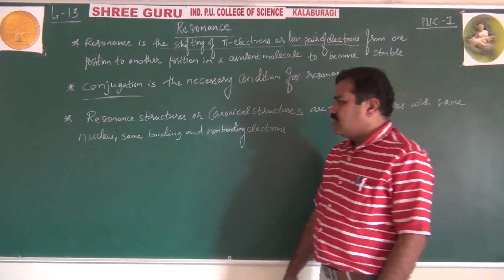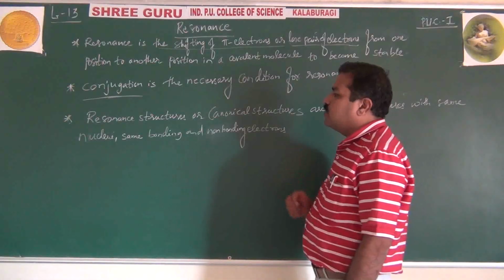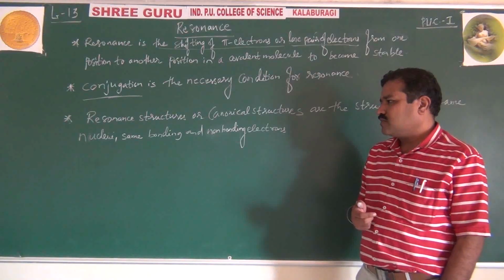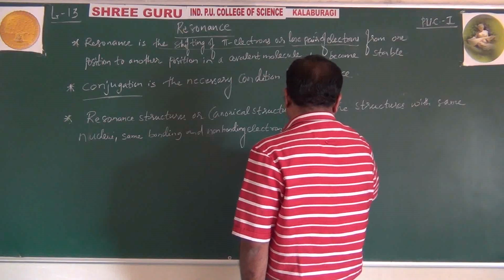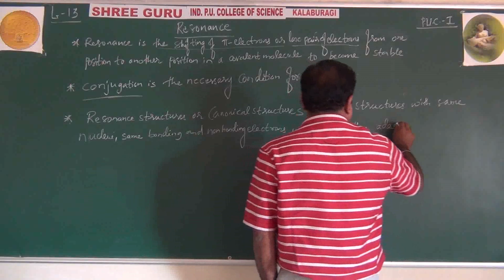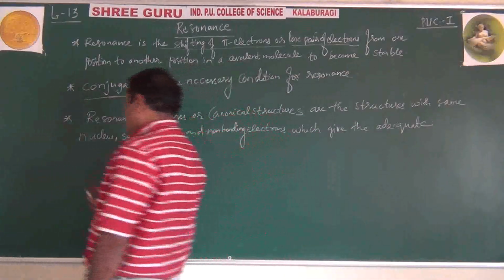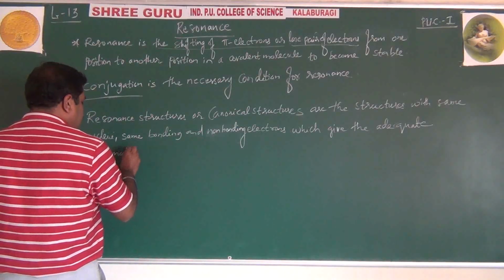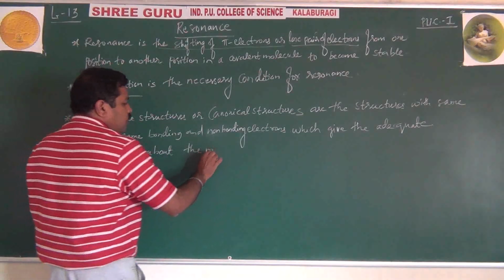That means canonical structures are the structures which have the same nuclei, same bonding electrons and non-bonding electrons, which give adequate information about the molecule.